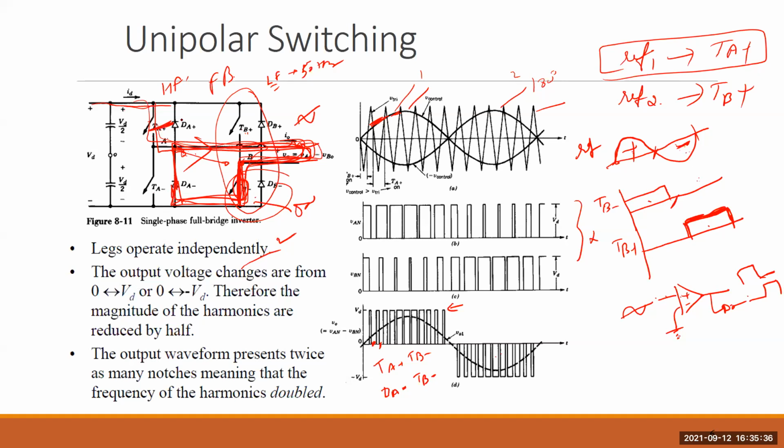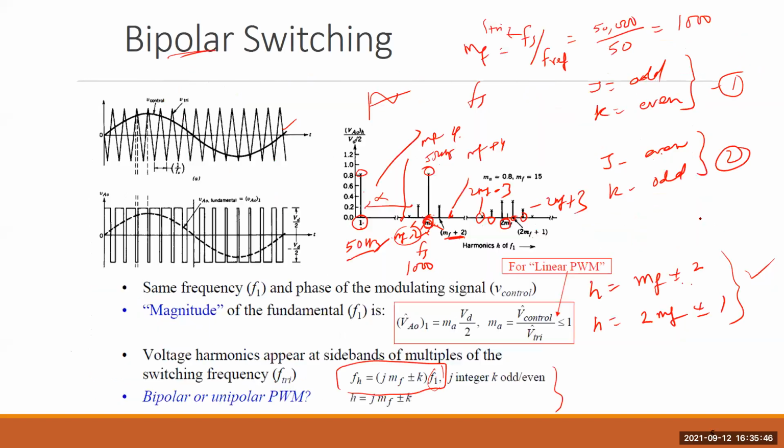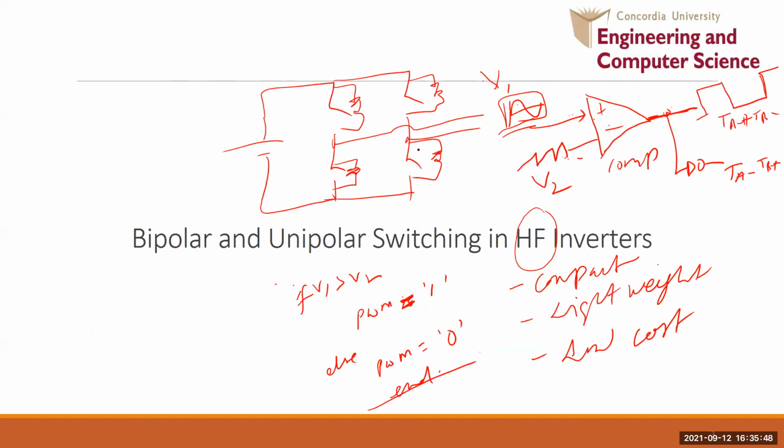Earlier they were doing complementary, but now there is nothing complementary. Now TB plus is always on, which is this, right? TB plus is always on in the negative half cycle. So this is always on, and this lower one is doing high frequency switching.